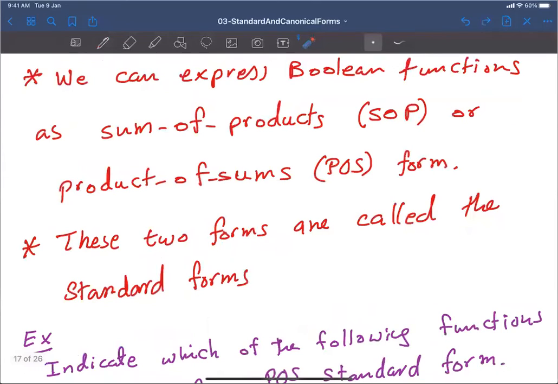So we can express any Boolean function as a sum of products or a product of sums. These two forms are called the standard forms: sum of products, abbreviated SOP, and product of sums, POS.